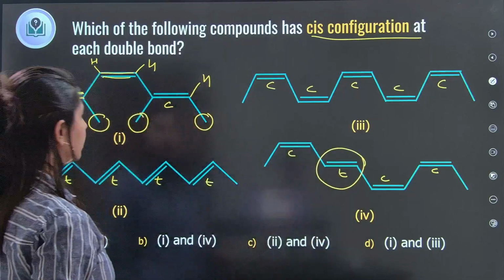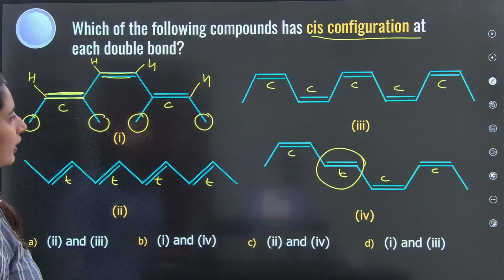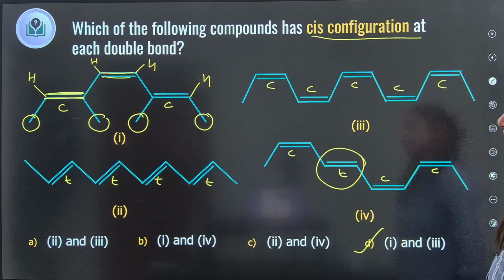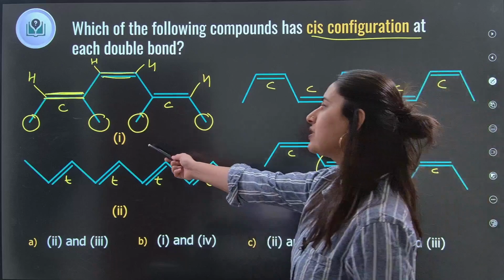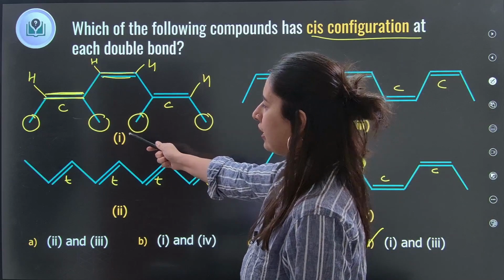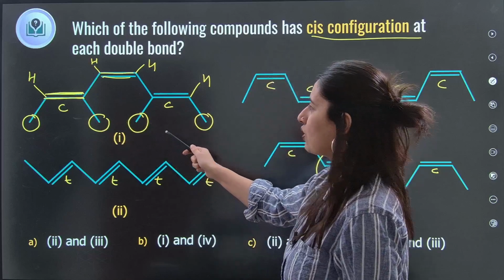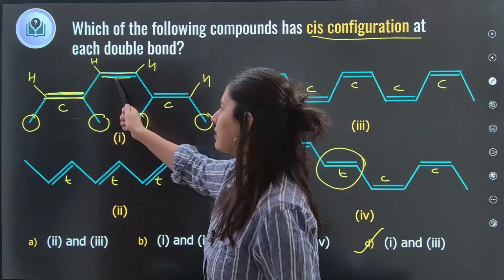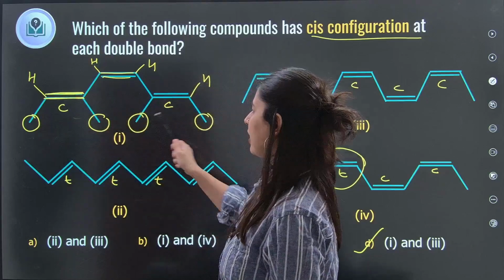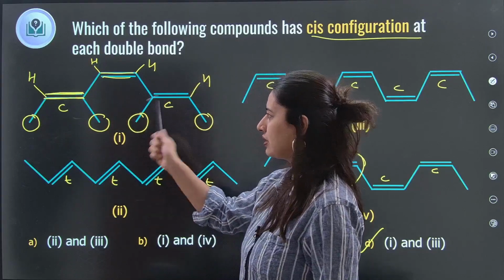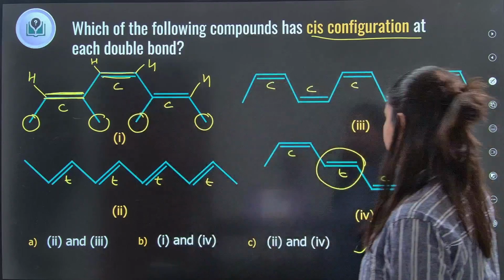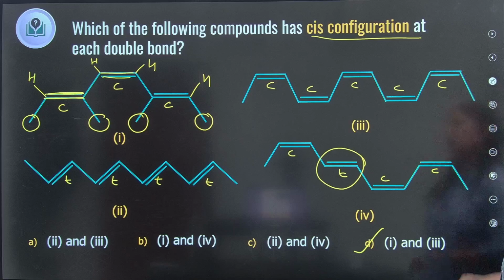So out here, the first and third are showing the cis configuration. So D becomes the answer. The first one is where students find it a little difficult to decide, but I hope it is clear. Check the hydrogens in this double bond, check for methyls in this kind of system, and again methyl in this system. So cis, cis and cis, D becomes the answer.